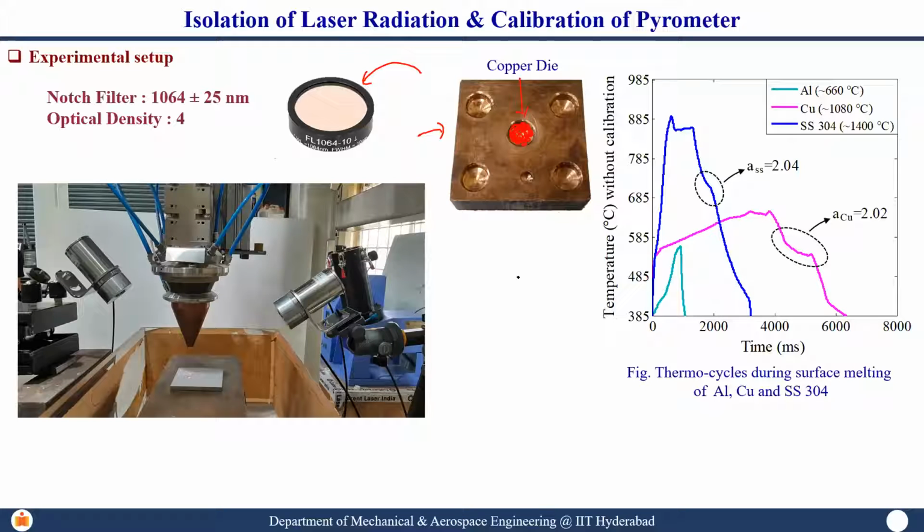Then you know the latent heat of solidification. When you heat, the temperature goes up, and when it starts touching your solidification temperature, it will show a curve like this, where latent heat of solidification is getting released, and then it will fall.